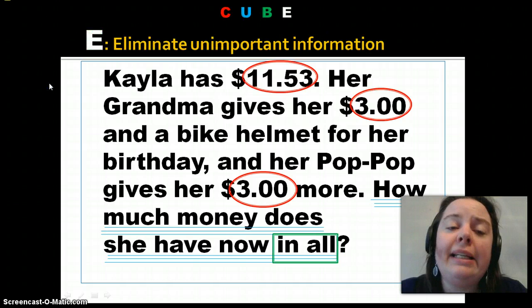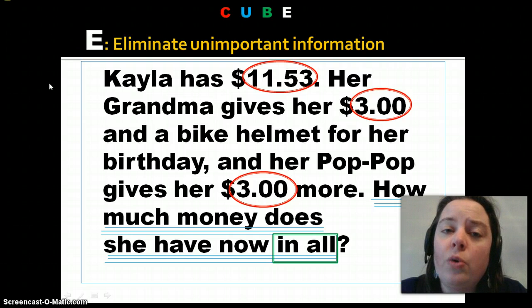But next we need to eliminate. Eliminate unimportant information. Kayla has $11.53. Her grandma gives her $3 and a bike helmet for her birthday, and her pop-up gives her $3 more. How much money does she have now in all? So we're looking for how much money does she have in all?